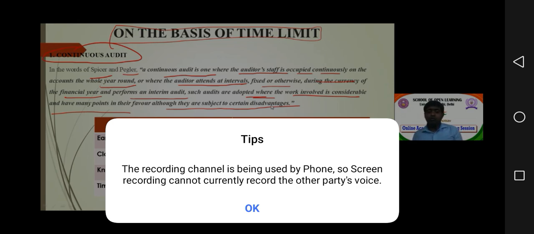So how can we assume that the auditor, being an independent person, will be able to manage this work in just 1 month, 2 months, or 3 months? It is not at all possible for the auditor to conduct this activity in just a few months.